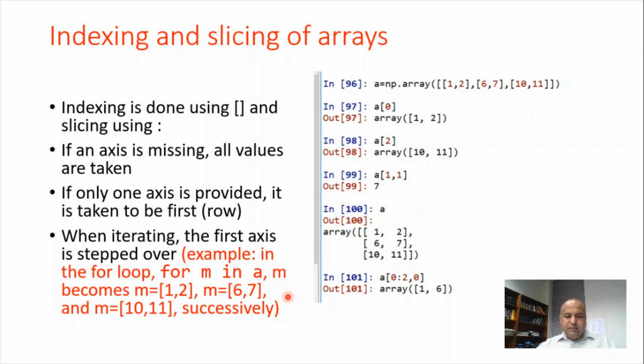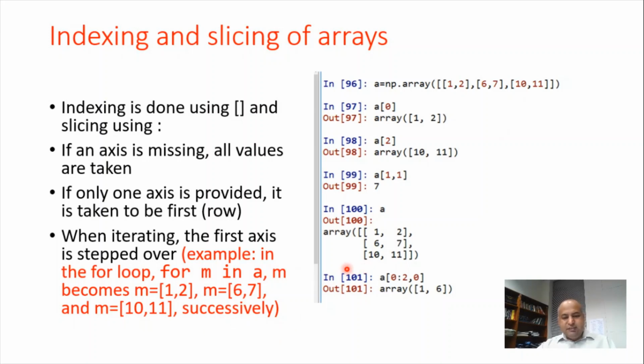And just like lists and sets that we saw earlier in Python, we can also use these arrays to iterate in loops. For example, if I have something like for some variable m in A, where this A is this array A, then m will first take this value, then m will take this value, then m will take this value if you're using m in a loop.